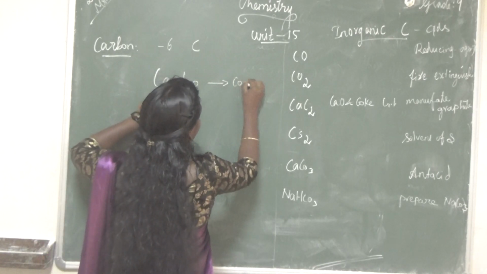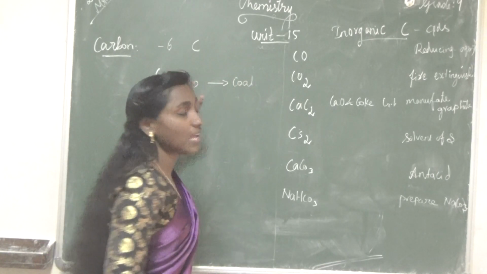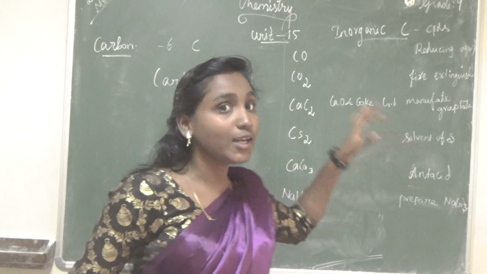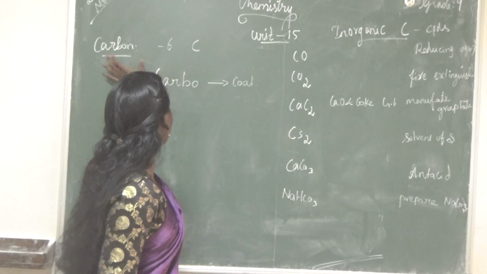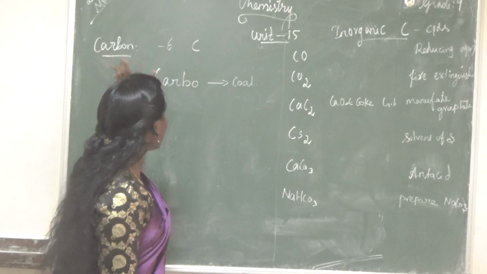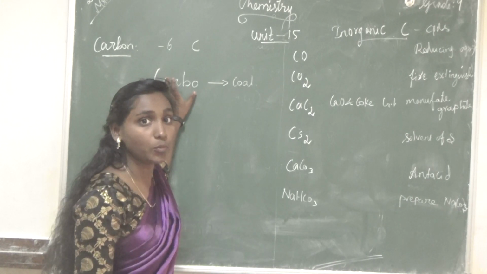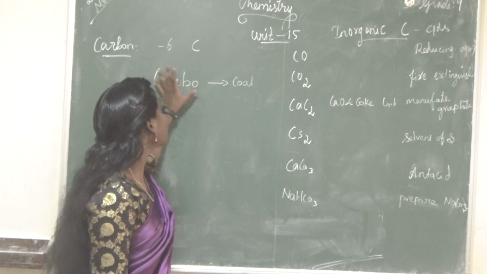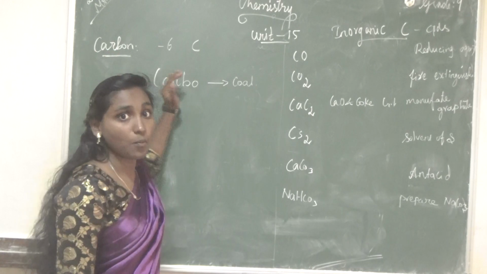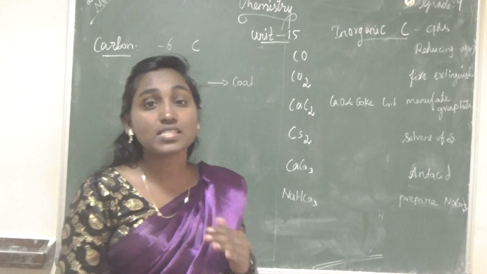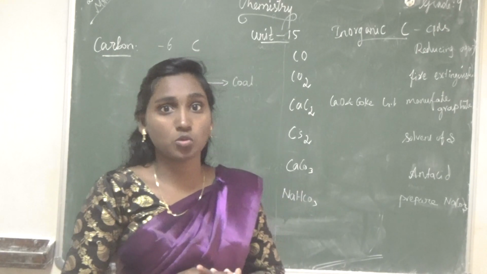Carbo means what? Coal. Scientist Antoine Lavoisier proposed this name, carbon, from the Latin word carbo. Next we are going to discuss carbon milestones, the discovery of carbon, how they prepared carbon.